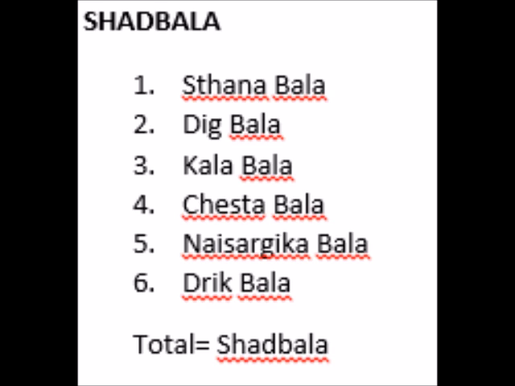The third component of the Shadbala, which is the sixth divisional strength of a planet, is Kalabala. So we discussed the first, Sthana Bala, we discussed the second, Digbala, and now we're discussing the third component, which is the Kalabala. And Kala means time in Sanskrit.